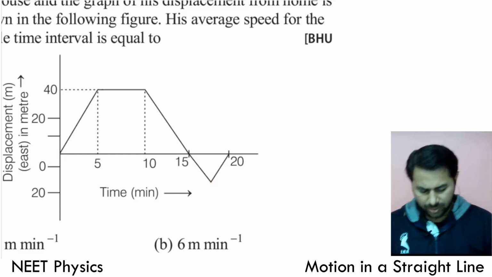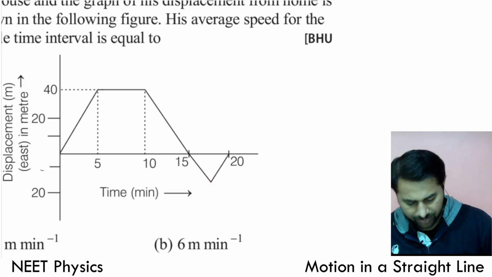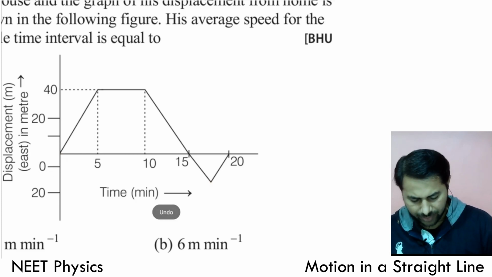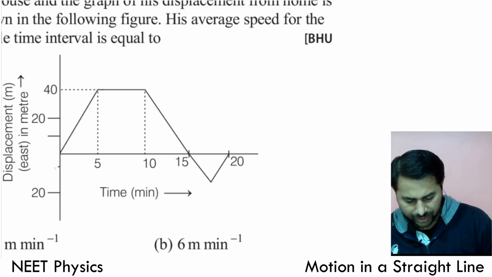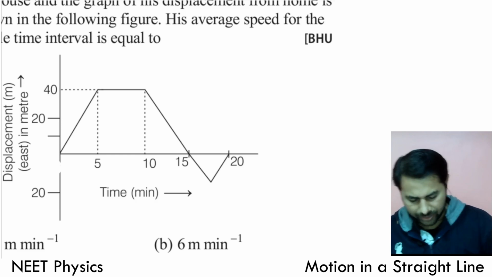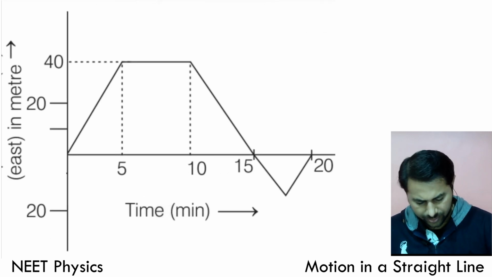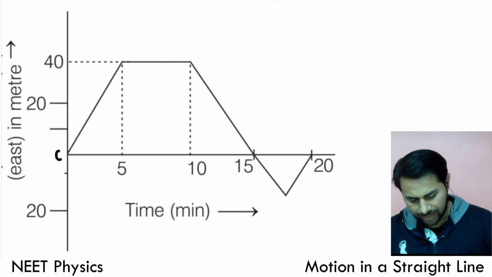Okay, for the sake of understanding it, I will just shift the 0. The final answer may not match with the answer over there, because I don't know. So I will just mark 0 over here.